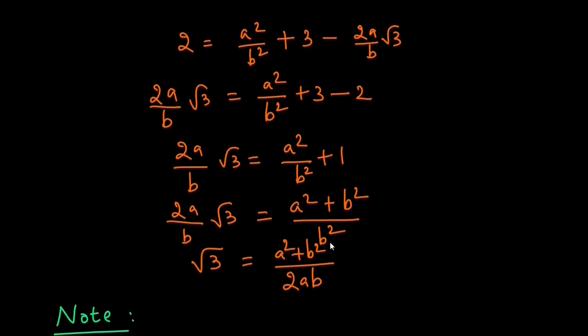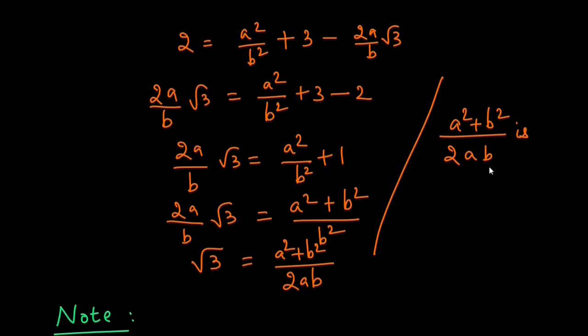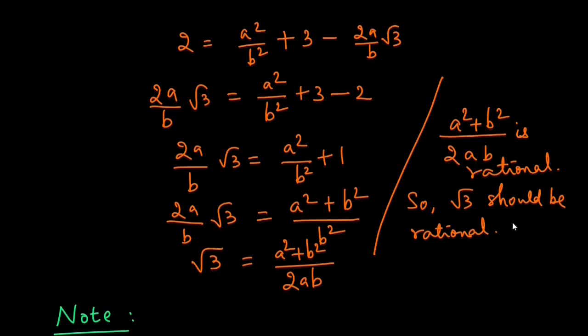Here b and b square are there in the denominators. We can cancel b from both sides. Only b remains in the denominator on this side. 2a is taken to the right side again. So we remain with root 3 is equal to a square plus b square by 2ab. So here a square plus b square by 2ab is rational, so root 3 should be rational, but root 3 is irrational.